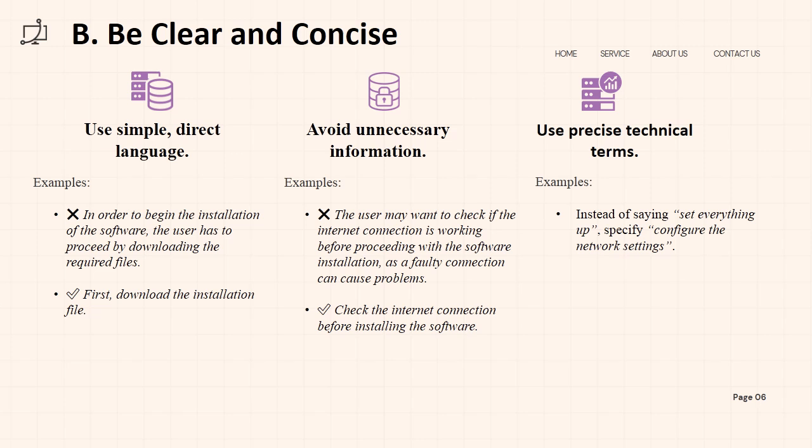For example, rather than saying the user may want to check if the internet connection is working before proceeding with the software installation, as a faulty connection can cause problems, just directly use the imperative and say check the internet connection before installing the software.